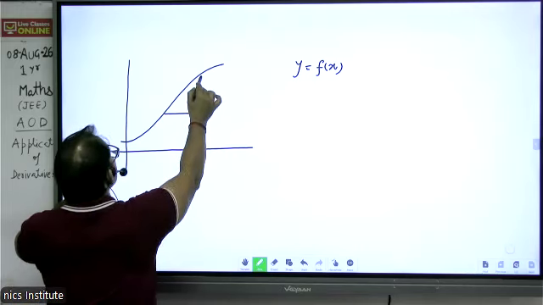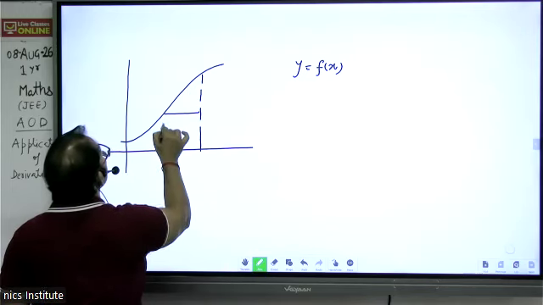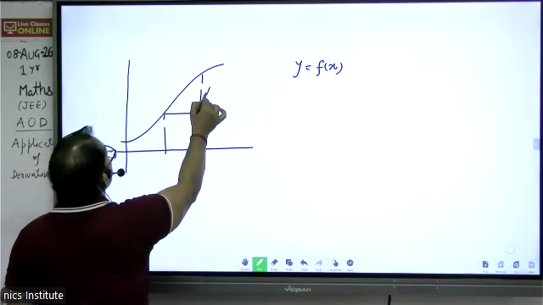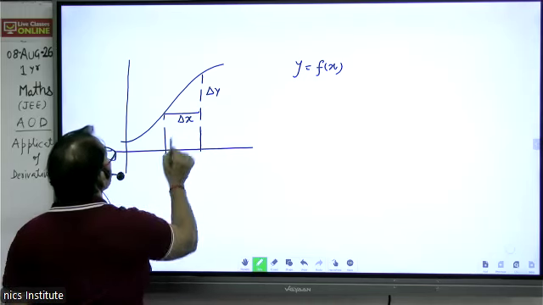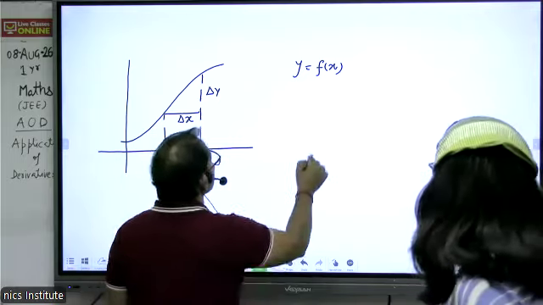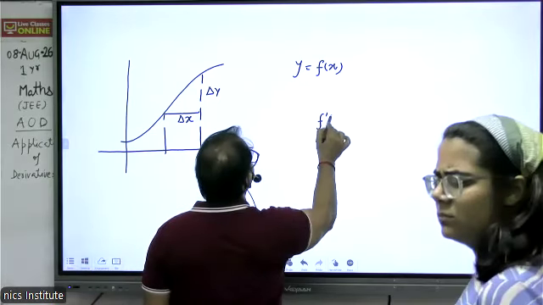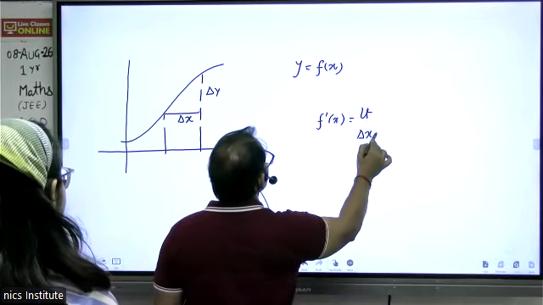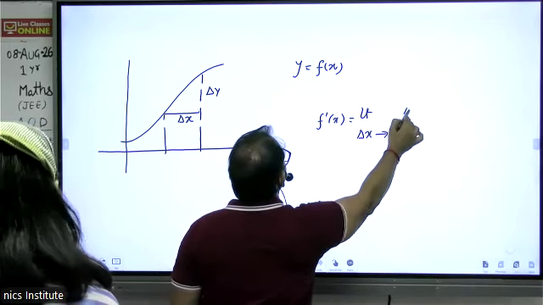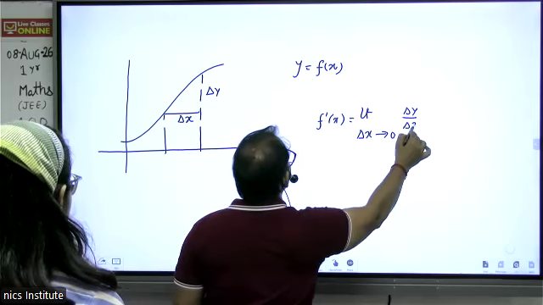Differentiation basically means that we find the ratio of change in y with respect to change in x. So derivative of a function basically means limit delta x tending to 0, delta y by delta x, right?